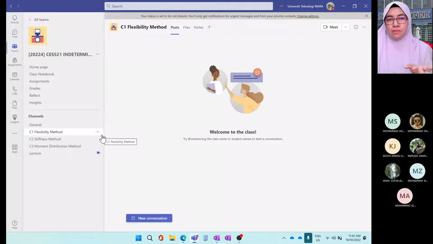Okay? Itu beam. Lepas tu, bila masuk semester, masuk determinate structure, CS424, you jumpa pula frame analysis, determinate frame. Lepas tu, determinate truss. So, belajar lagi cara calculate reaction. Lepas tu, internal forces in frame.